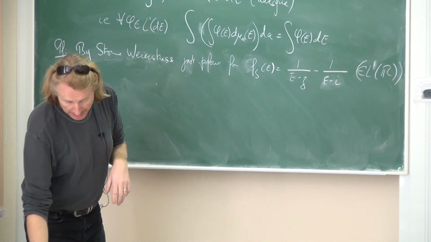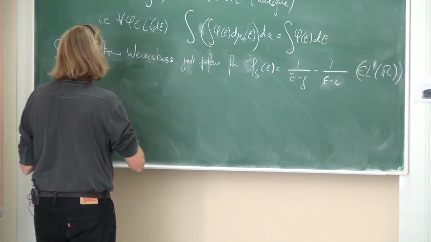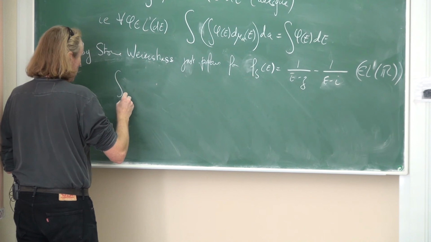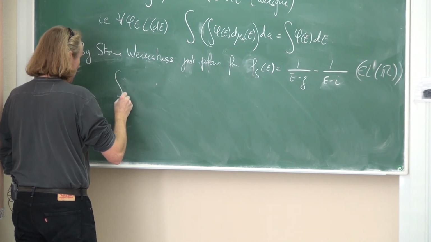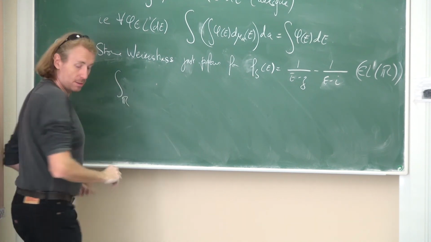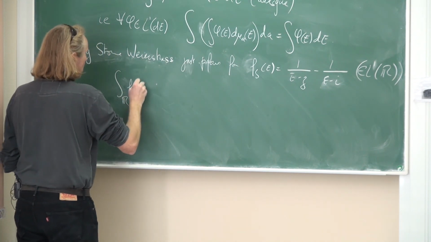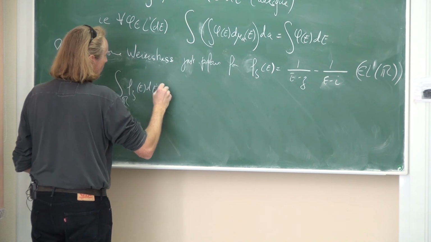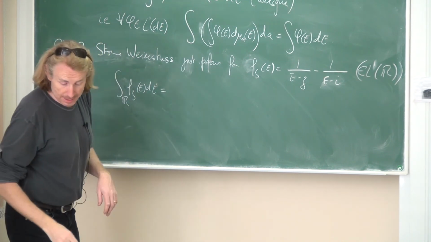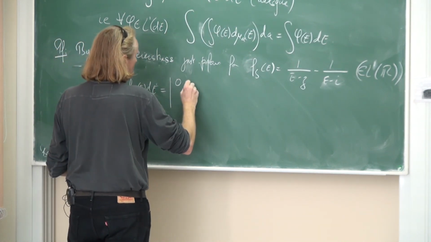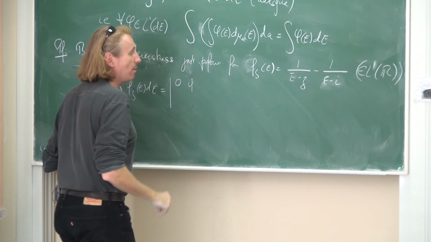Okay, and now if I compute the integral over R of f z E dE, well, this is going to be 0 if, where do I have the pole?